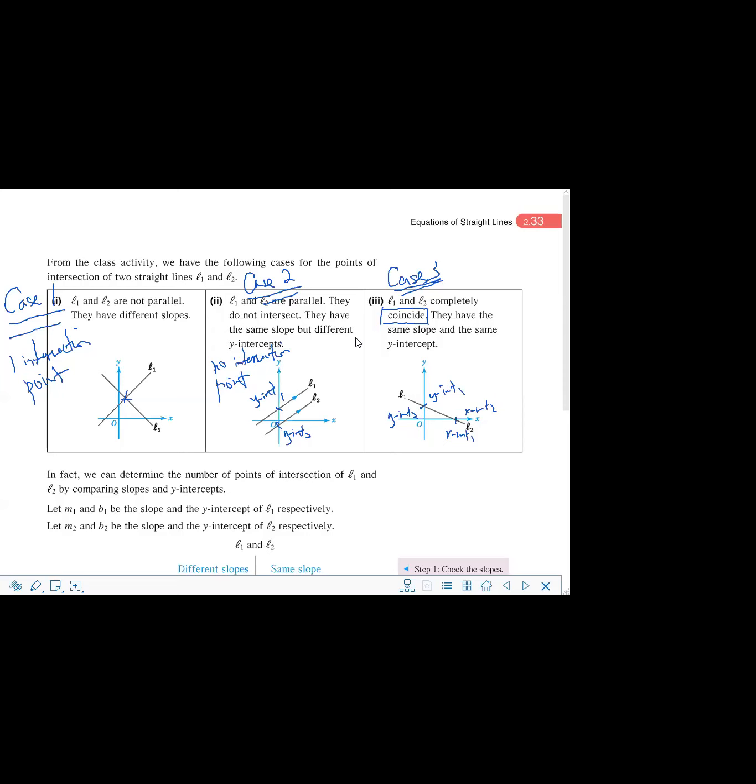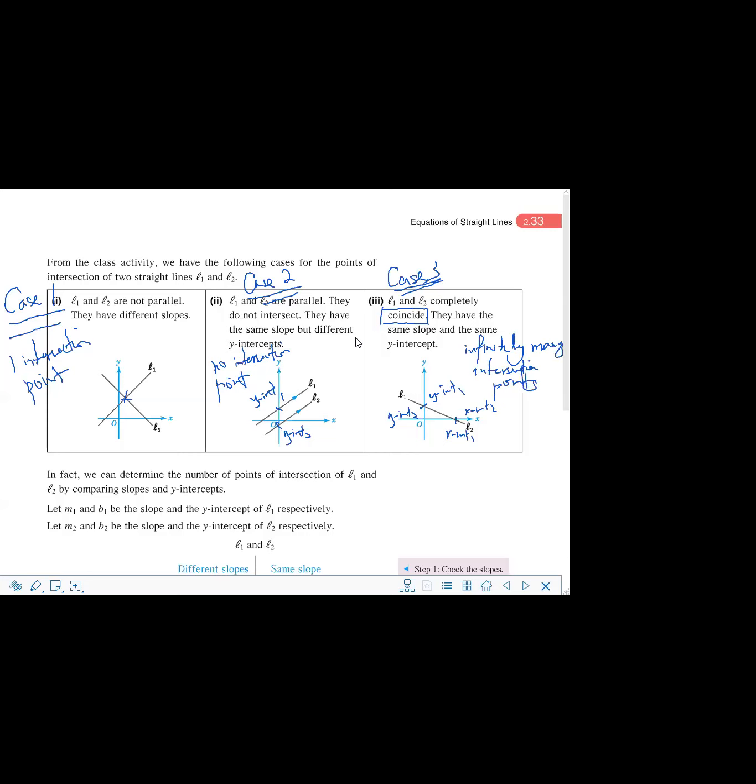So we will say that L1 and L2 coincide, and the number of intersection points will be infinitely many intersection points.